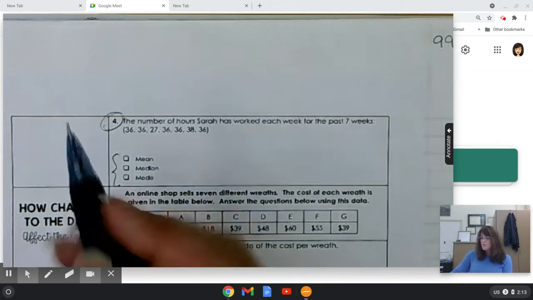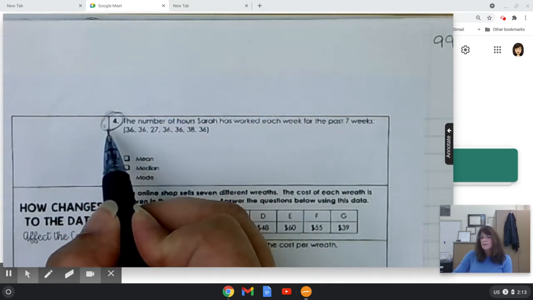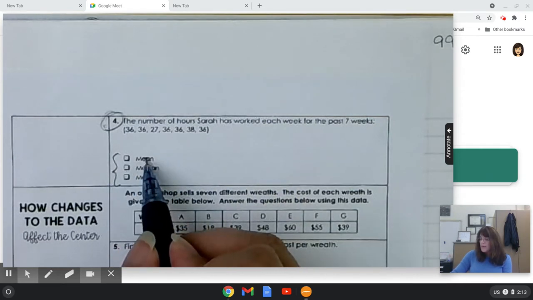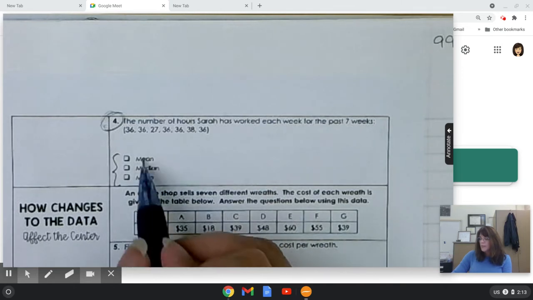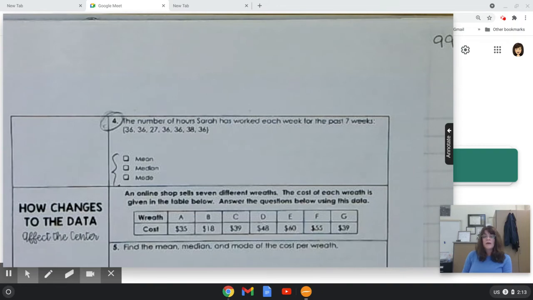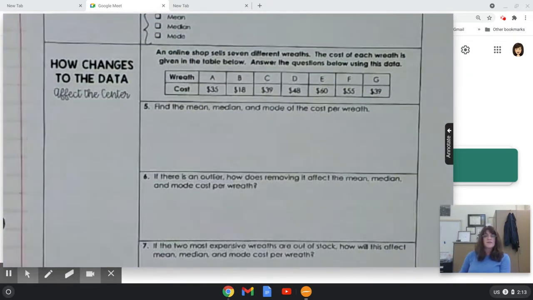So if you could take a look at number 4, don't just pick the best one, but be able to actually compare them. Know what the mean, the median, and the mode are for that data set. And then we'll work on the rest of this in class.